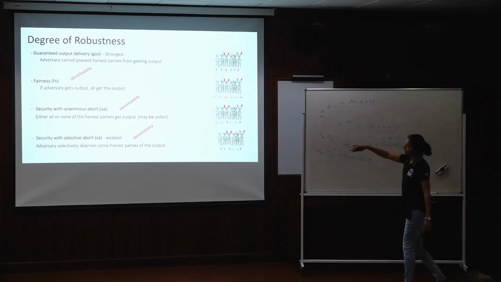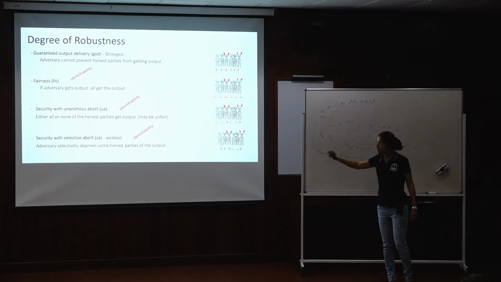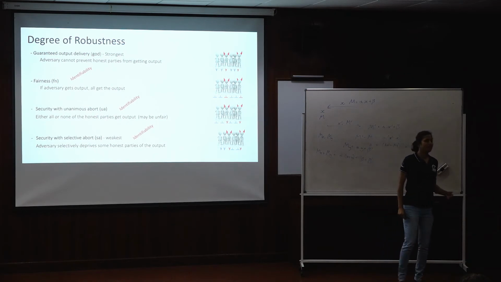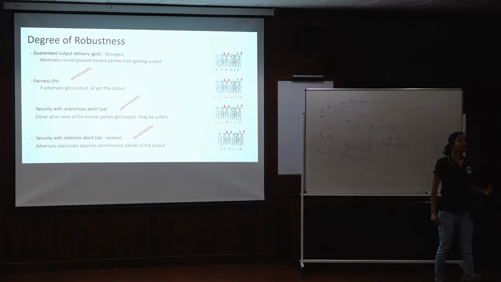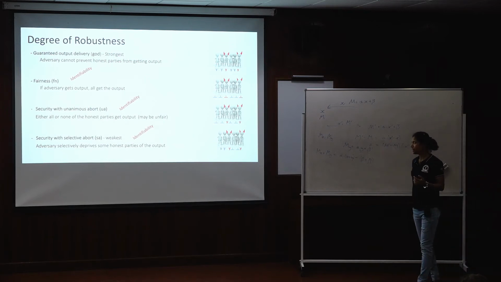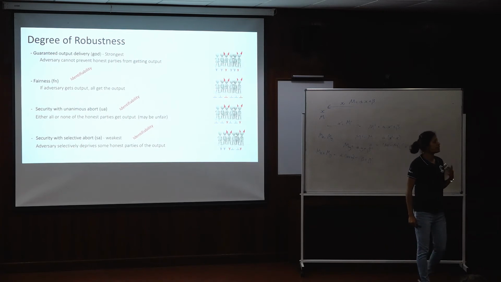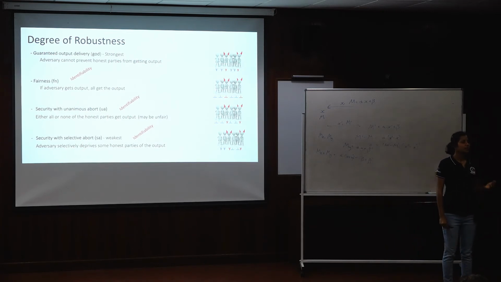So we can enhance all these three notions, fairness, security with unanimous abort and security with selective abort, to achieve identifiability when there is a failure, when some honest parties are stopped from receiving the output. By identifiability I mean that at least one corrupt party's identity will be revealed.